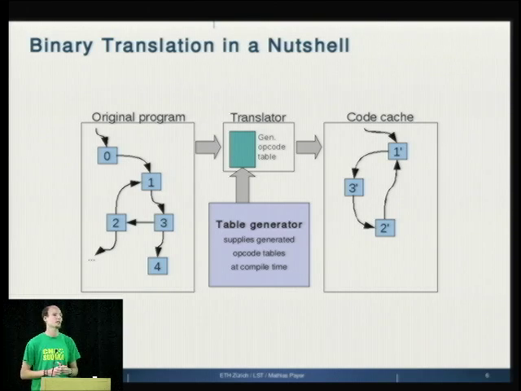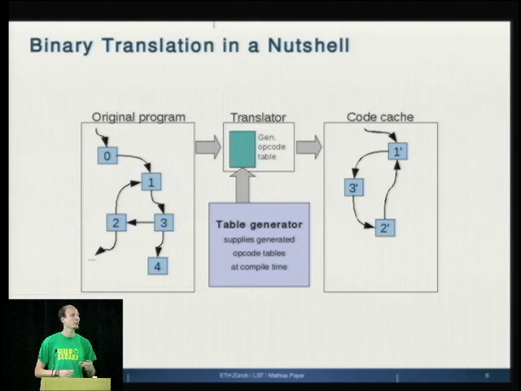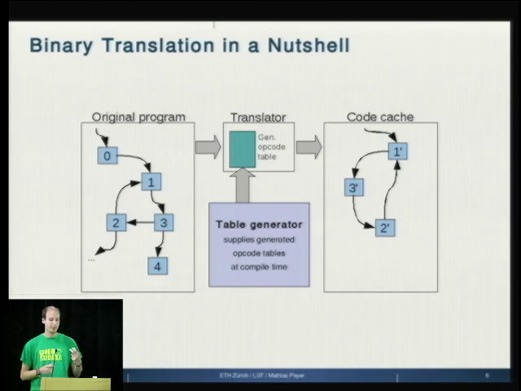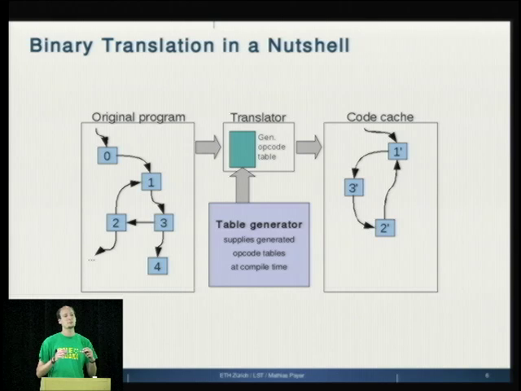The code cache then contains the translated version of different basic blocks, which are then interconnected and optimized. The table generator is an offline part that compiles down into translation tables which are used at runtime. These translation tables specify how an individual instruction is translated and what action should be taken when we encounter such an instruction.